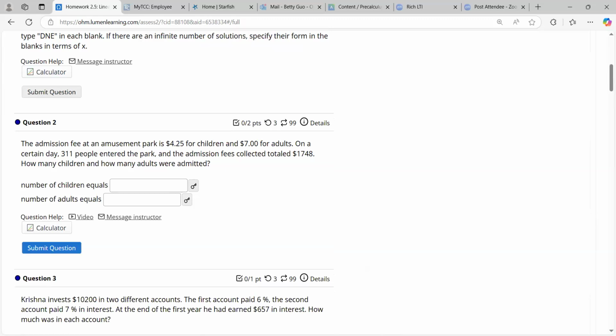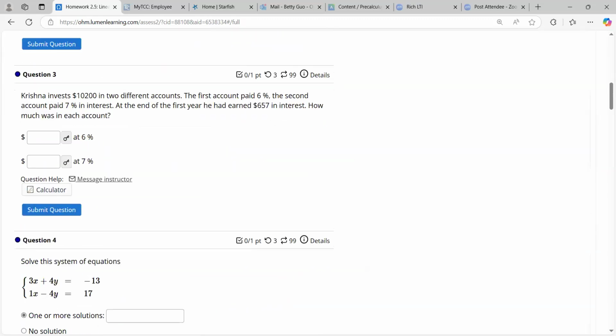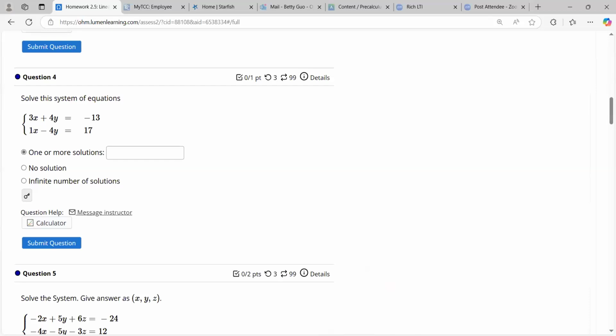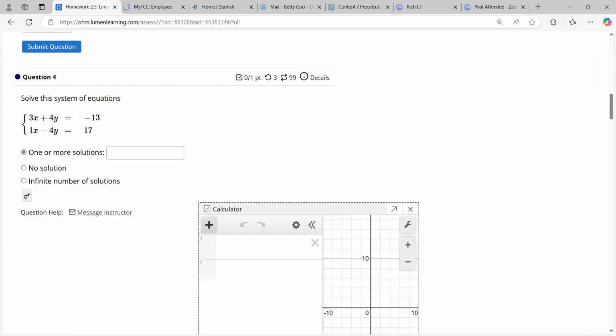And for example, this is an application problem. For this problem, we use a calculator. The first equation equals -13. And the second equation is 1x minus 4y equals 17. I actually do not like this because then you just use a calculator, even if you don't know how, you still can get it right.